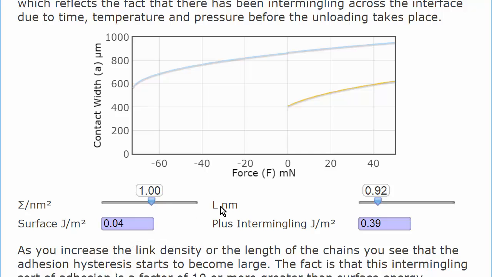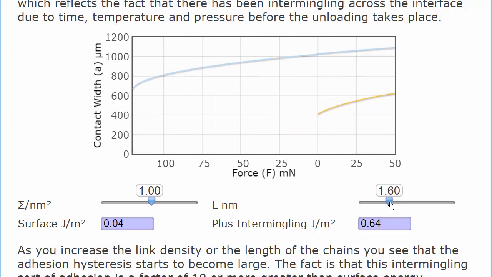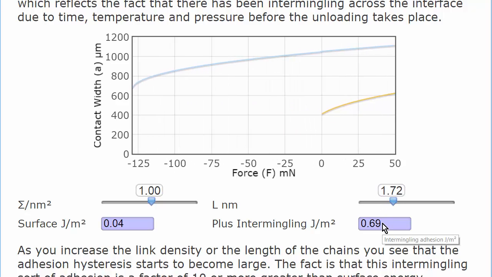And it's coming because I've got a density of polymer chains, about 1 per each nanometer squared, and they intermingle by about 1 nanometer. If I intermingle more, then I get more effective surface force. I get more intermingled adhesion.